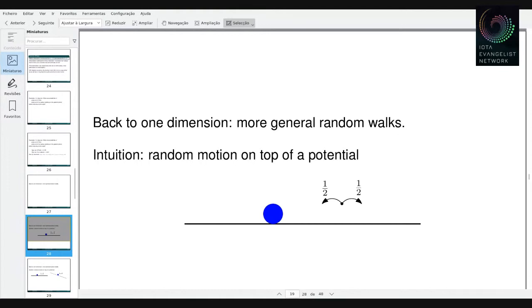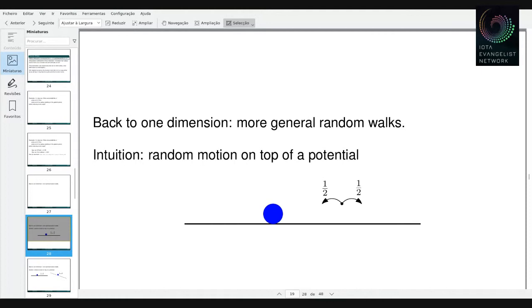You have this line which is completely horizontal, and this drunken person will oscillate 1/2 to the left, 1/2 to the right, randomly. Okay.